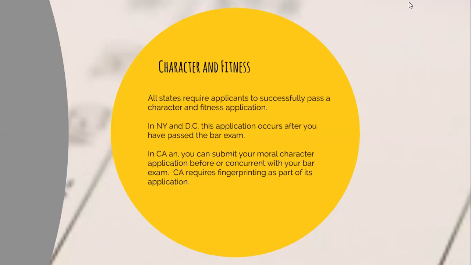In New York and DC, the application is only available to you after you've passed the exam. In California, you can prepare for the exam and submit your application concurrent with or before the bar exam. This is because it can take up to 1 year for California to process all of the moral character applications. And it does require fingerprinting as part of the application.